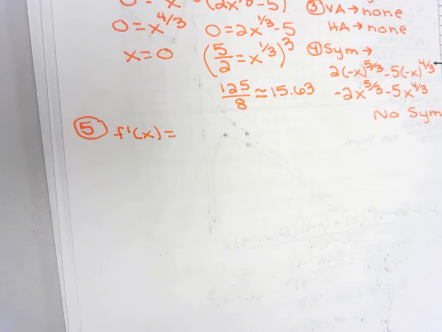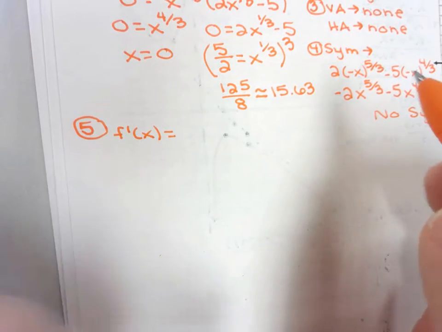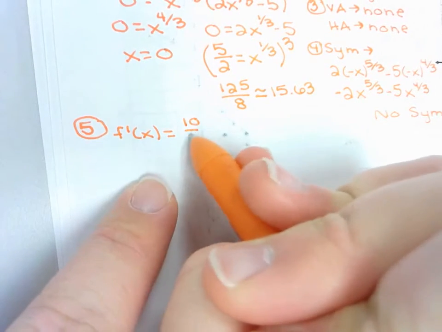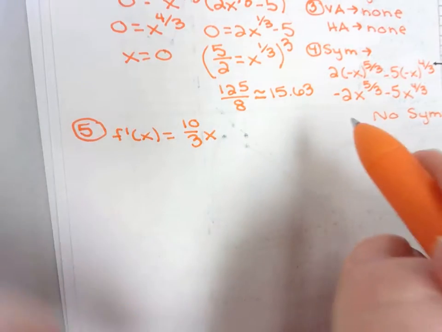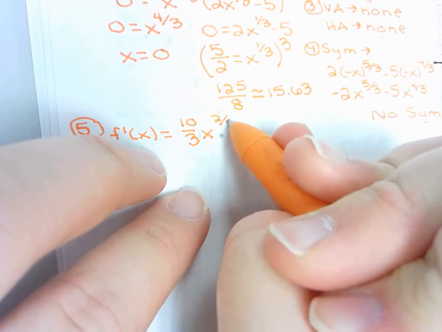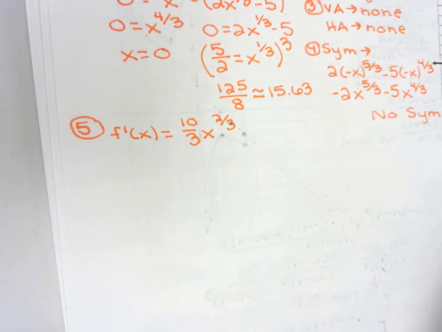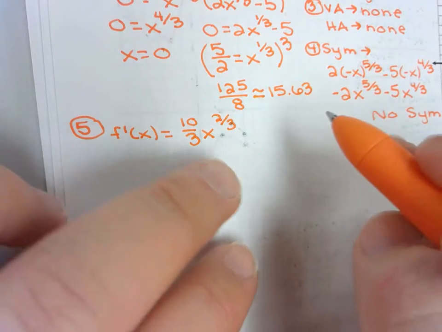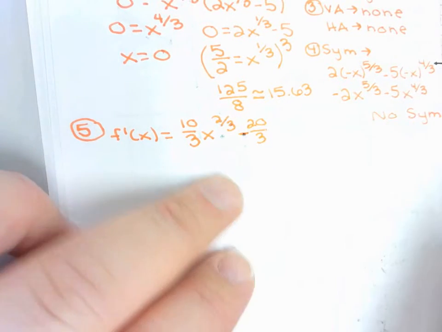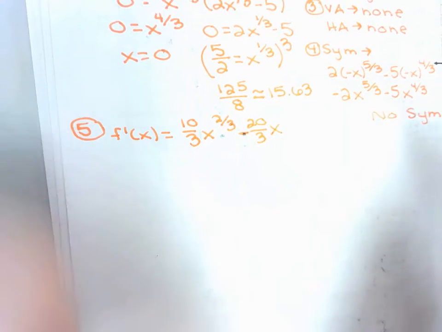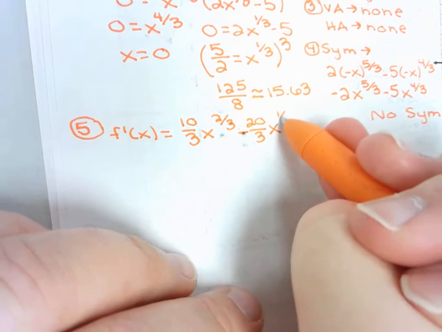So first thing, first derivative of 2x to the 5/3. 10/3, multiply 2 times 5/3, and then 5/3 minus 1. Yep, 2/3. Minus 20/3 x to the 1/3.